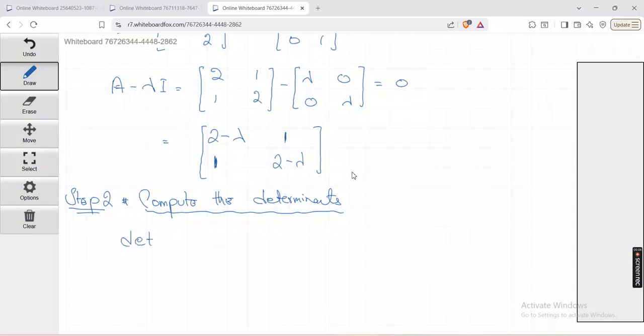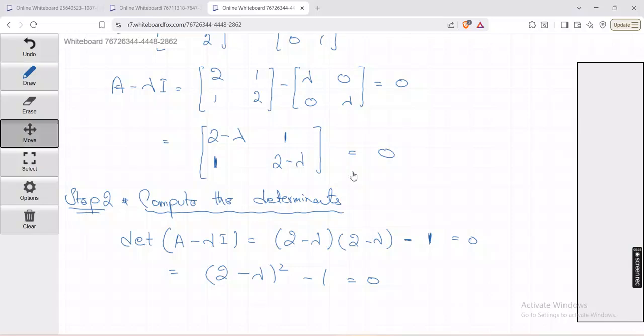So the determinant of A minus lambda I, you remember, like this one, cross multiplication. So you can write 2 minus lambda into 2 minus lambda, and this is minus 1 into 1, 1. So we can get 2 minus lambda whole square minus 1 is equal to 0.